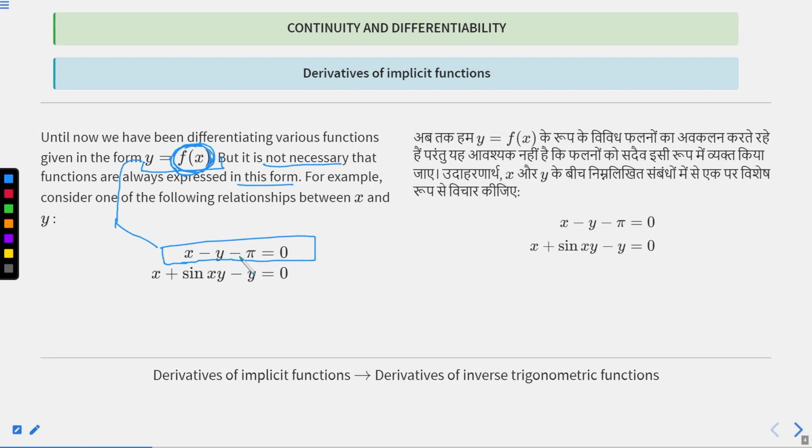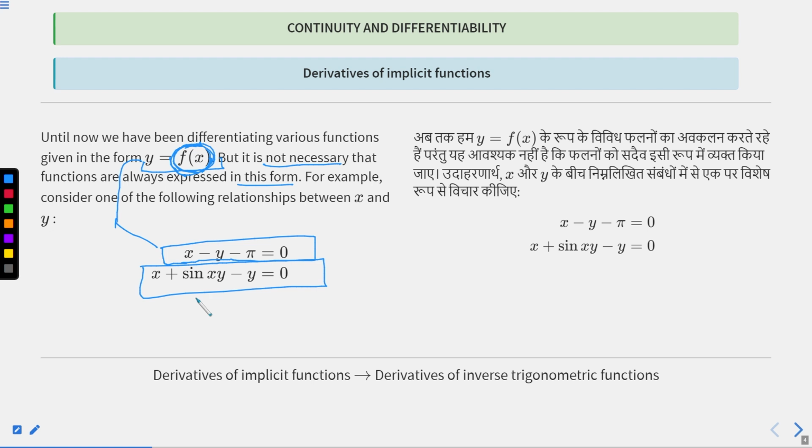But if you look at the second form, sine of xy, you cannot express it as y is equal to f of x. How are you going to split the sine xy term into some expression in terms of x and some expression in terms of y? You cannot.